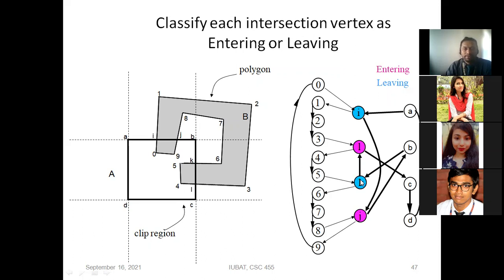Now what should I do? The rule said you can go on the right hand side. That means in the clipping region, that loop. Now from K, there is no way to go on the right hand side. You see that we have two ways. One is going to the polygon again. Another one is going to that intersected point again.